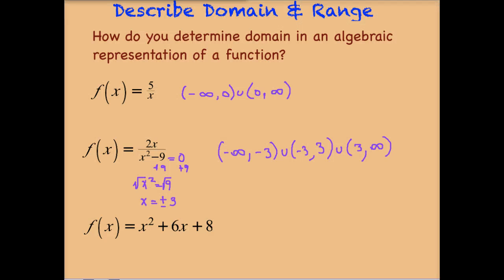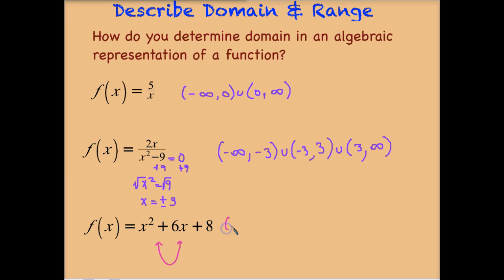Let's look at our final problem here on this page. What do we have here? We have a quadratic, and remember that a quadratic makes a U. So how about our domain? Is our domain impacted? Is there any number that cannot be in our equation? Well, if we look at it, we're not having division by 0, and if you think about the end behaviors, the one to the left will go up and out forever, and the one to the right will also go up and out forever.